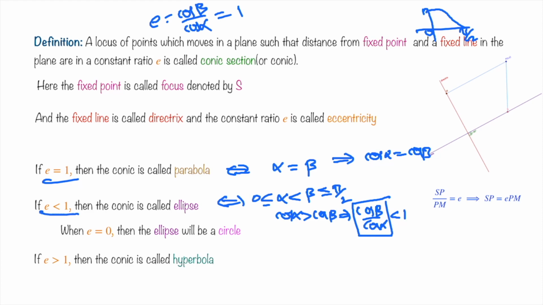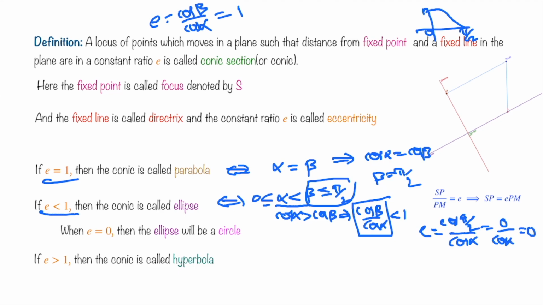So this makes sense. And we also know we get a circle when alpha is less than beta and beta equals pi by 2, right? If beta equals pi by 2, what happens to the numerator here? Cos pi by 2 by cos alpha, that is E, right? So that is 0 by something. That is 0. So this also makes sense.